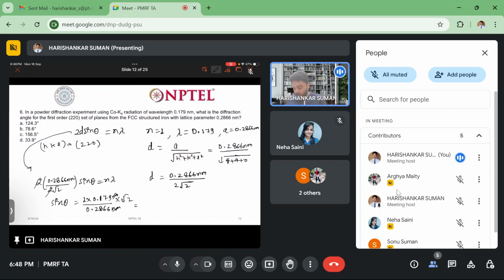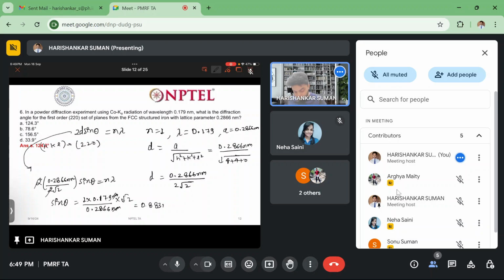So what is this value? It is 0.9 divided by 2.66, which is approximately 0.8831.